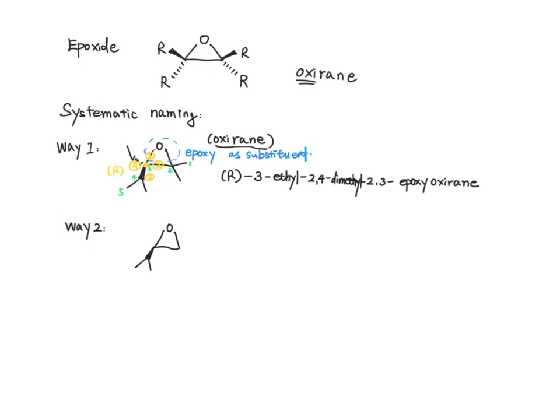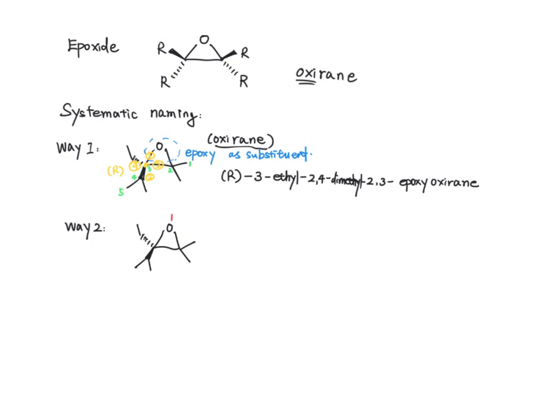Another way to name this compound, I will draw it one more time right here, is to use the epoxy ring as the parent chain. When we label it, we label one carbon as 1, and then where does 2 go? These 2 carbons have the same degree of substitution, so we go to alphabetical order.